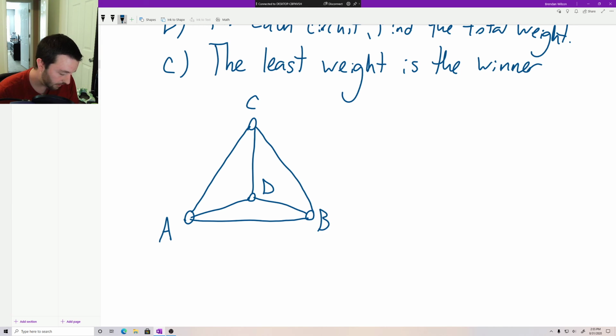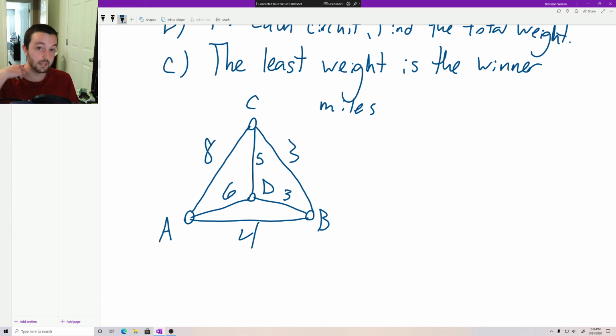So we have this, and then we also have some weights. Let's think about this as miles, so the weights are miles. We have 8 miles from A to C, 6 miles from A to D, 4 miles from A to B. Obviously this isn't to scale. 3 miles from B to D, 5 from D to C, and 3 miles from B to C.